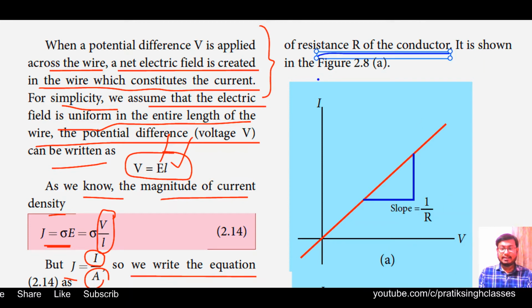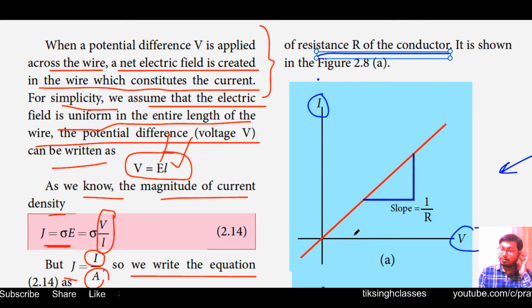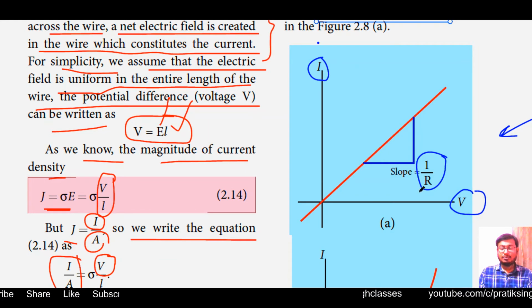You can see in this figure, on the x-axis we have potential V and on the y-axis we have current I. Then slope is equal to 1 by R, or the slope is the inverse of the resistance of the conductor. This graph shows that the conductor is following Ohm's law. If the graph between V and I is a straight line, that means the conductor follows Ohm's law.